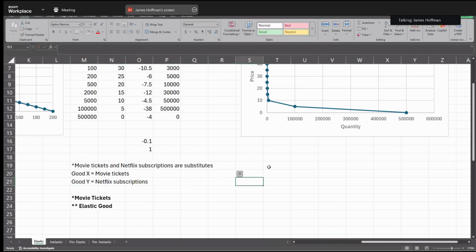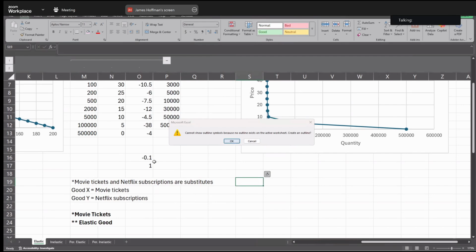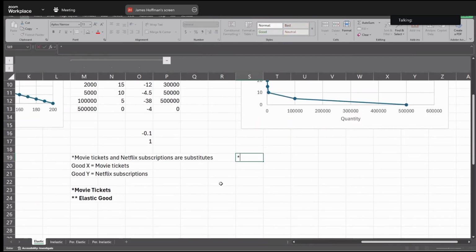Okay. So then what would happen? Let's say that the price of Netflix subscriptions increased, right?